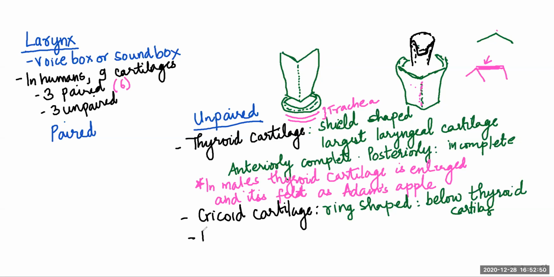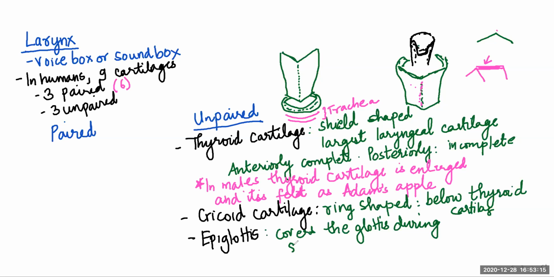This is called epiglottis and we already know what epiglottis is. What is epiglottis? Epiglottis is a cartilage of the larynx which covers the glottis during swallowing.